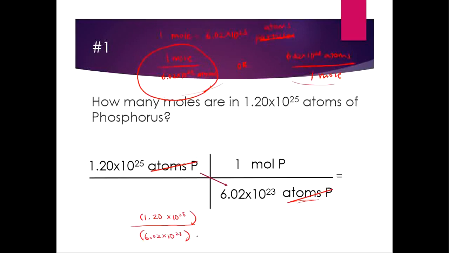The parentheses really do make a difference, especially if you're dividing by a number that's in scientific notation. So please don't forget those parentheses when you see scientific notation and you're doing some math with that. So when you do that, you do get an answer of 19.9 moles of phosphorus.